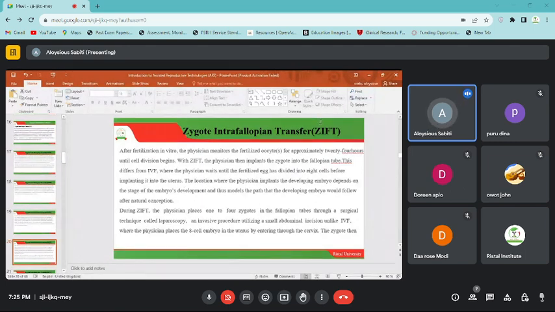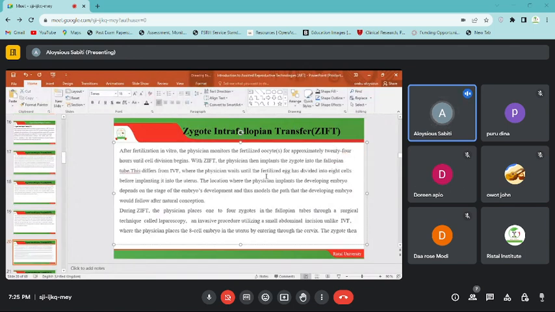This monitoring is done for approximately 24 hours until cell division begins. With this zygote intrafallopian transfer, the physician then implants the zygote into the fallopian tube. This differs from the IVF, where the physician waits until the fertilized egg has divided into 8 cells before implanting it into the uterus. So you should be able to clearly understand the difference here.